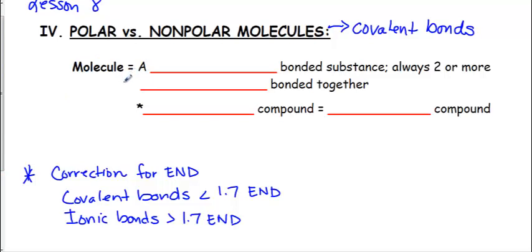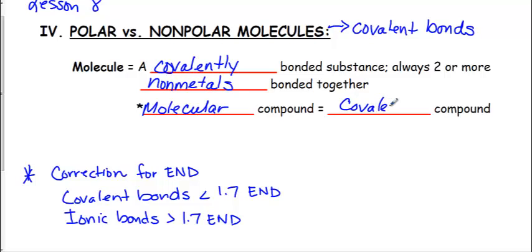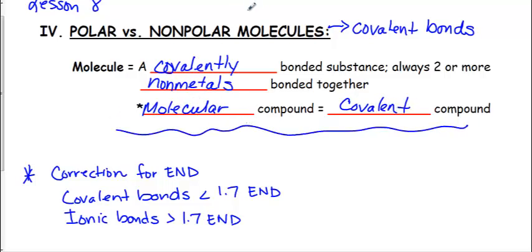So a molecule is a covalently bonded substance, always two or more nonmetals bonded together. A molecular compound is also a covalent compound. And I've said that many times before, but this is very important so that when you see molecular or molecules, we're talking about covalent bonds.